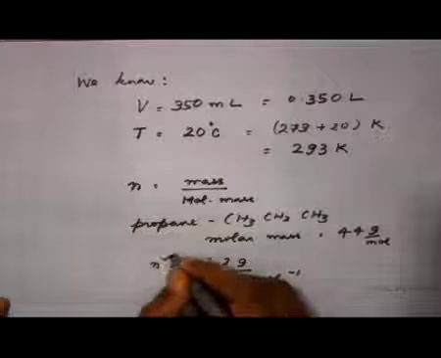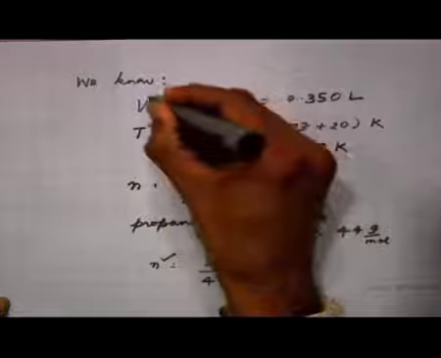So, now we have N, we have T and we have the volume.